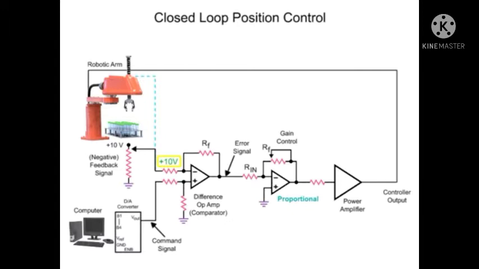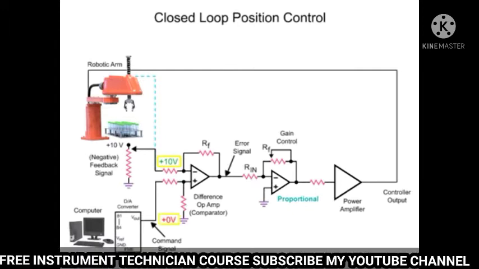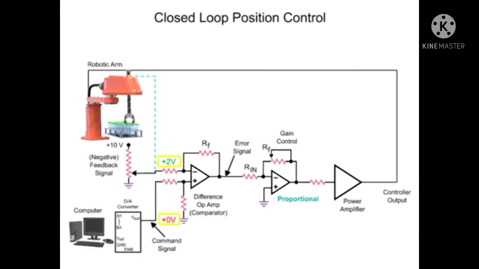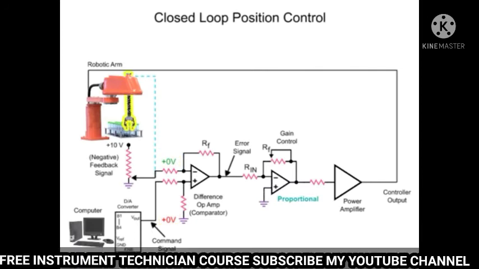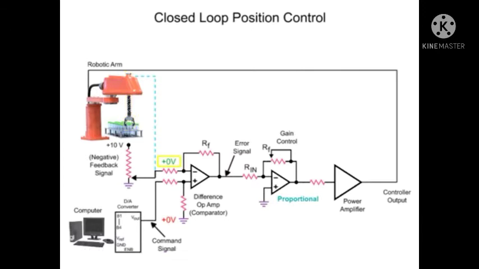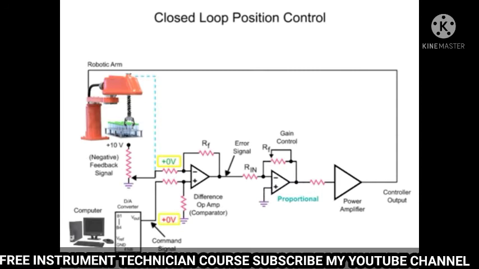When the feedback signal voltage matches the command signal voltage, the arm has reached the desired position. For example, with the arm at the bottle pick position, the potentiometer output voltage of 0 matches the command signal of 0 from the computer.